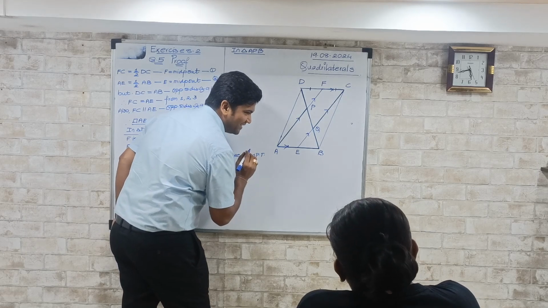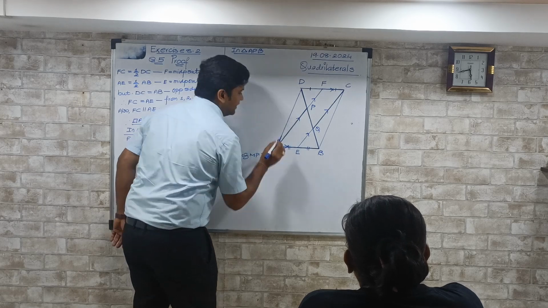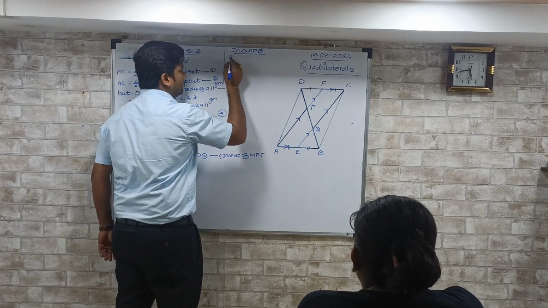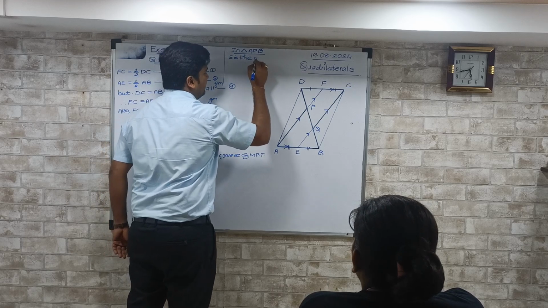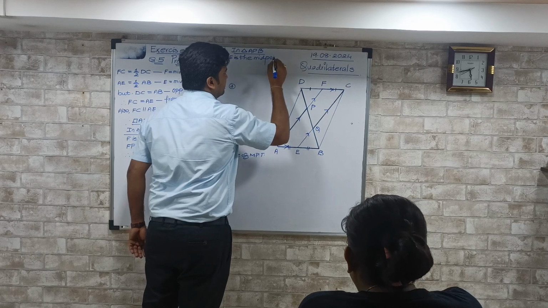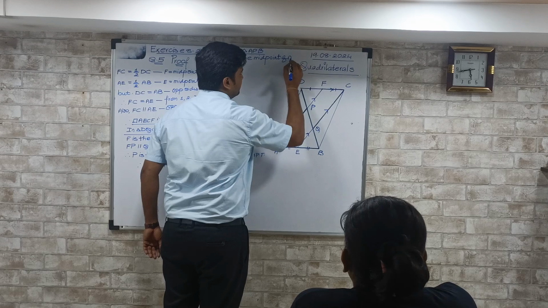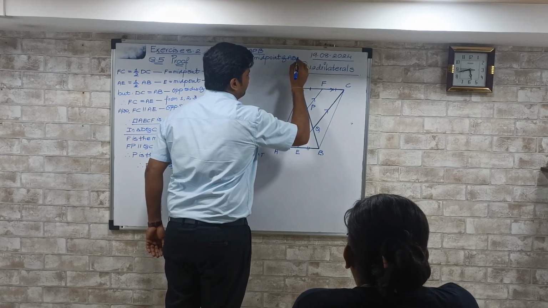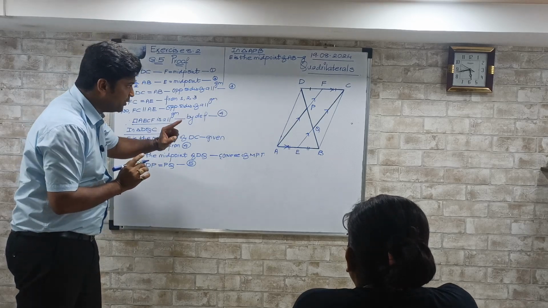If you remember, look here. E is the midpoint of AB. How did you get to know that? It was given. E is the midpoint of which one? AB. Reason over here? Given.